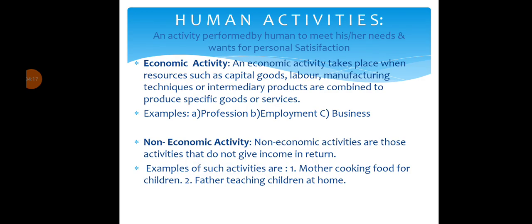So, what do you mean by human activities? An activity performed by human to meet his or her needs and wants for personal satisfaction, which is divided in two categories. The first one is economic activity.